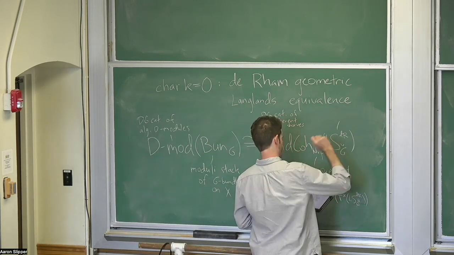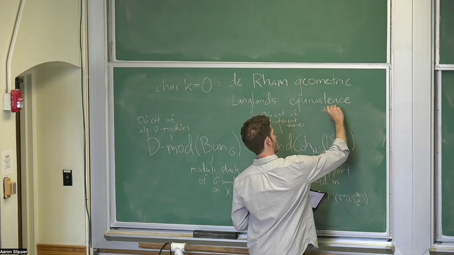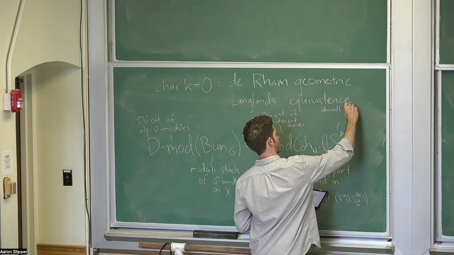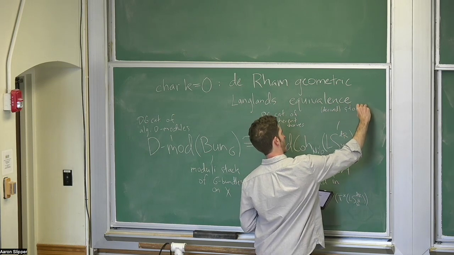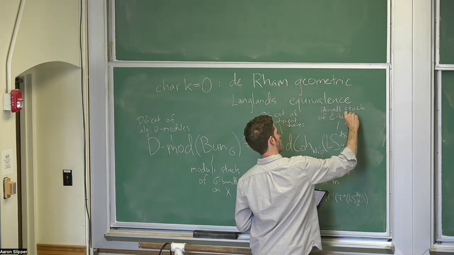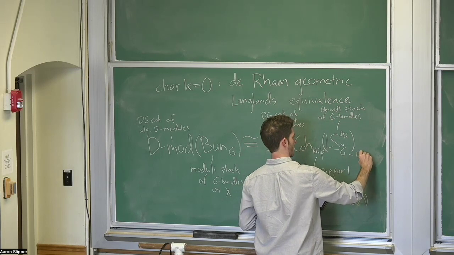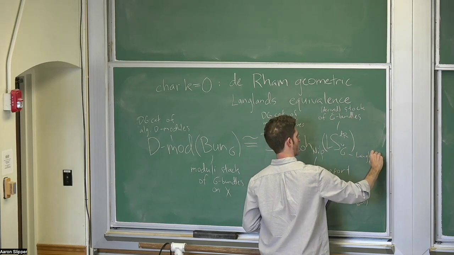And then finally, here, I mean the derived moduli stack of Ǧ-local systems, although I definitely won't dwell on this in the talk. I should say first, Ǧ is, as always, the Langlands dual group.